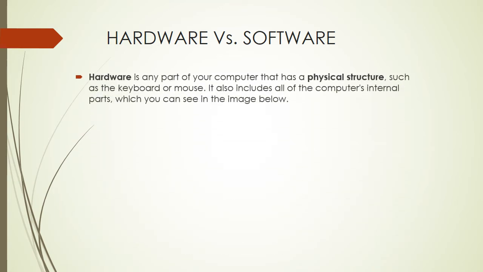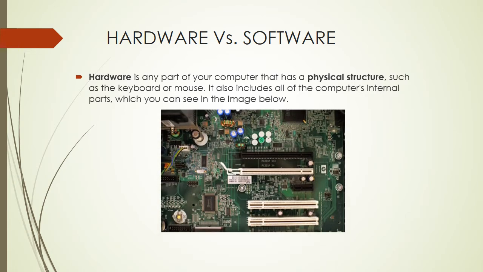The hardware of the computer is any part that has a physical structure, such as the keyboard that we can see or the mouse. It also includes the internal parts of the computer. Take for example the motherboard.